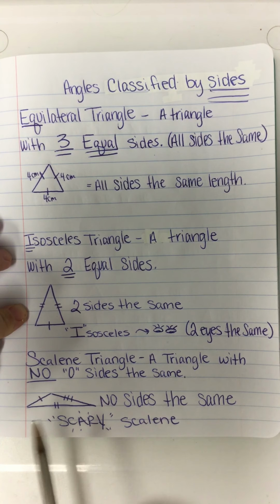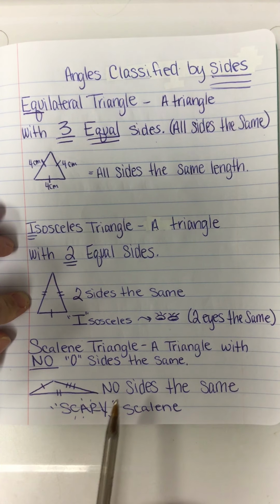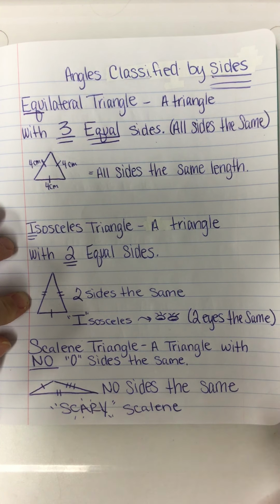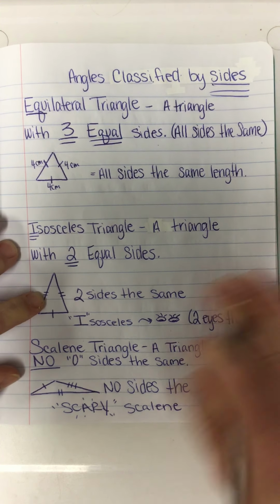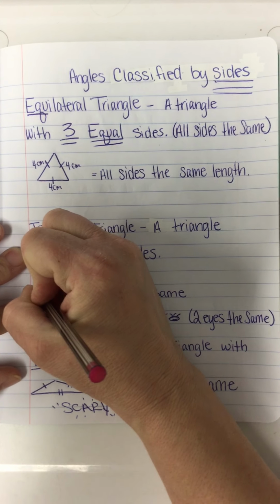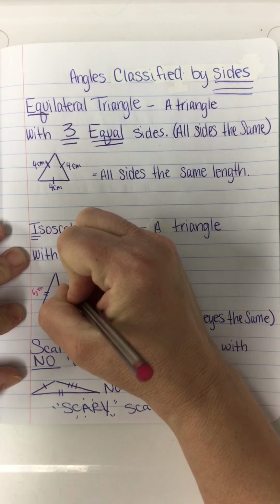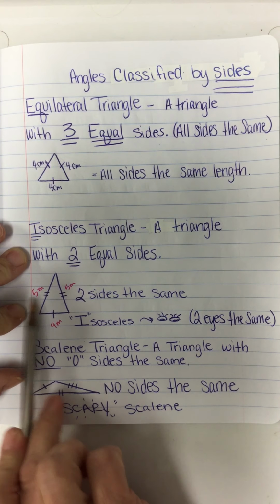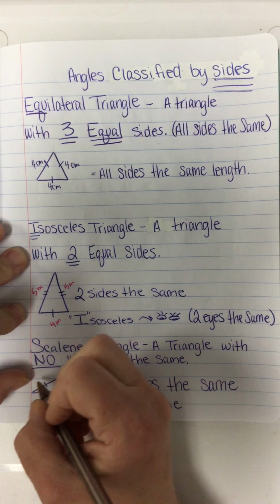And then scalene. Scalene is a triangle with no sides the same. That means everything is different. So, for instance, if these had measurements, this one might say 5 meters, 5 meters, and then 4 meters. So it could have the markings or it could have the measurements. On the scalene, it could be the same way.